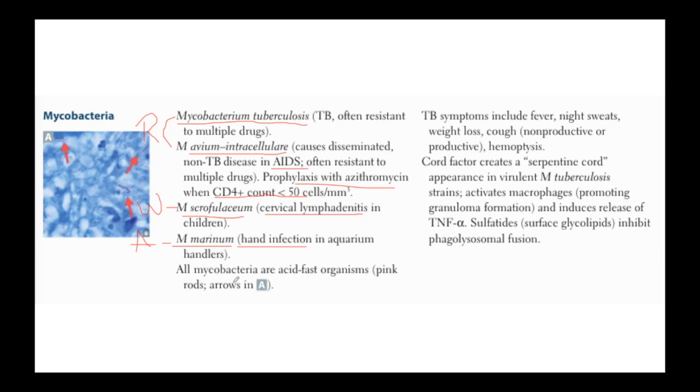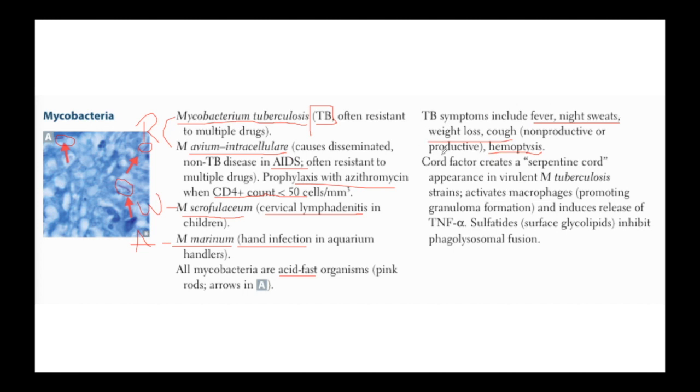And just again, we already talked about it, but all mycobacteria are acid-fast. So you can see these guys right here. These are your little Mycobacterium. Here are your little pink rods that show up there. And some symptoms for TB infection include fever, night sweats, weight loss, cough, and hemoptysis.